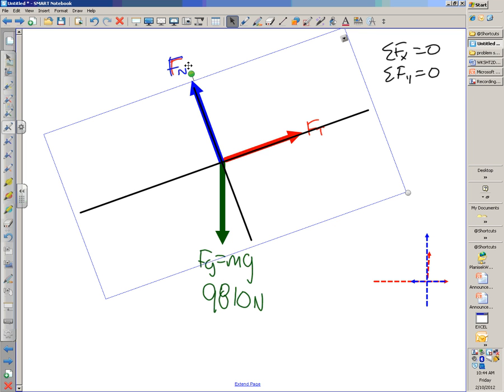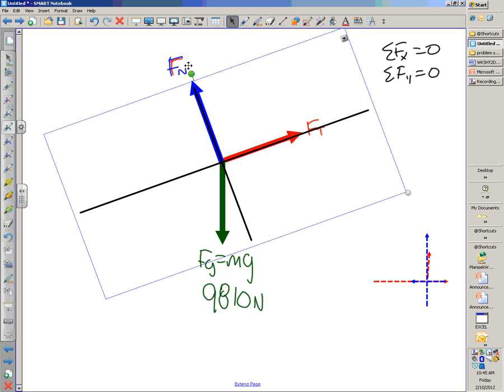We don't have to break up forces that are on axes into components now. Okay? But the one thing that changes now is the fact that gravity is no longer on either the x or the y-axis, which is where it usually ends up. But that doesn't change the fact that if a force is not on the x-axis or the y-axis of the problem, we still treat it exactly the same way. So in this case here, we're going to have to break up gravity into its components.